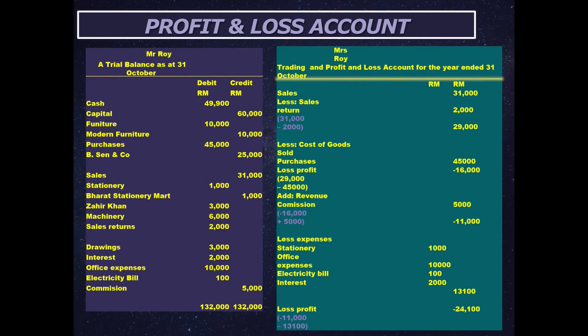After that, the cost of goods sold added with revenue and we will get negative 11,000. The revenue minus the total of spending and the answer is negative 24,100. It should decrease and it is definitely a loss.